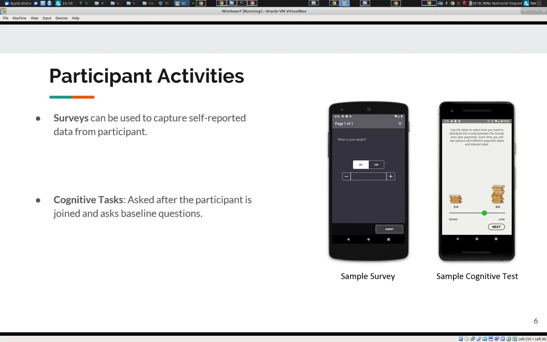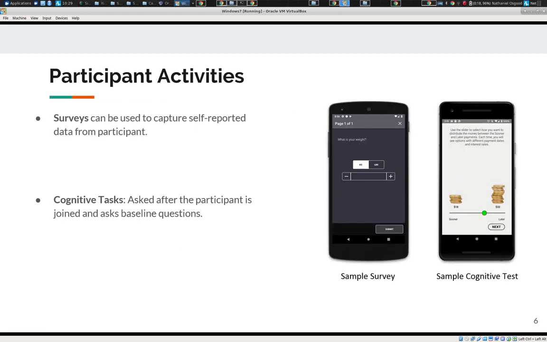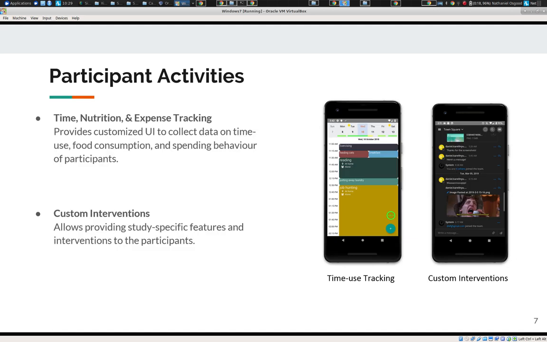So you have surveys, and there are certain things that run in the background, like step counts or GPS or aspects of Bluetooth, so distance, recording contact with the dog, for example, or with a child, or with a resource like the pill cart. But certain activities participants engage in, for example, filling out surveys, cognitive tasks, recording their activity, what they're eating, tracking their expenses.